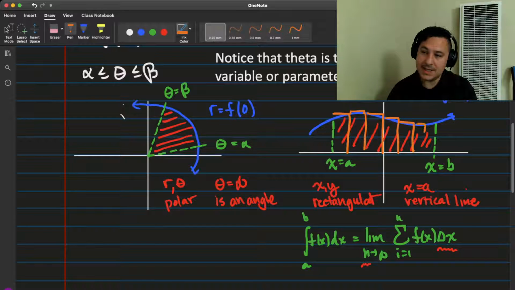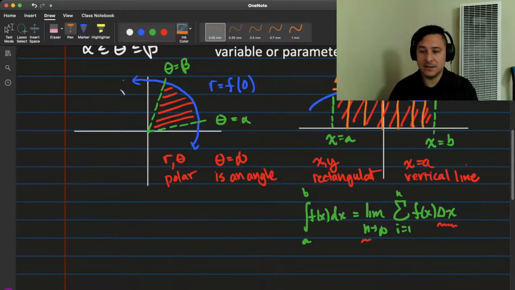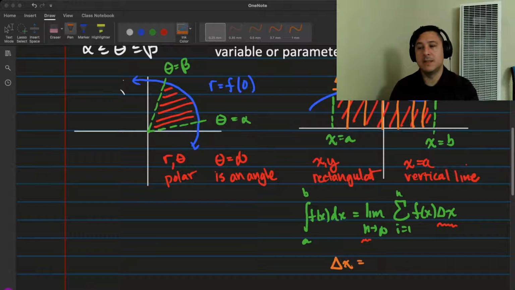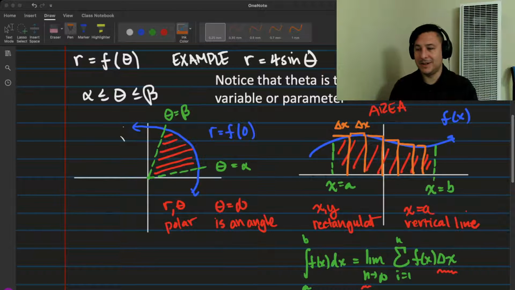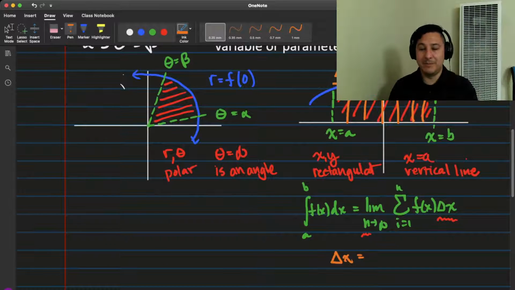And delta x is how wide each of these things is. Do you remember what the formula for delta x is? Because each of the rectangles has to be the same width. Anyone remember? So close, b minus a over n, but basically good enough.